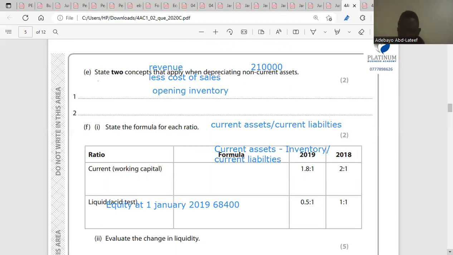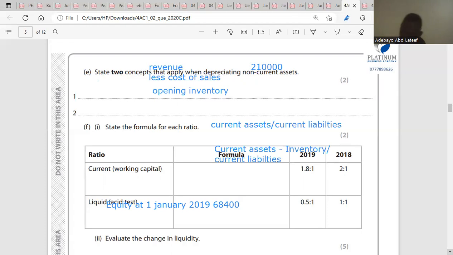What's liquidity? Liquidity means the ability to turn to cash, the amount of cash available to a business to spend. That is liquidity. But when you use your liquid ratio, we are talking about the ability you have as a business to be able to pay your short-term debts.